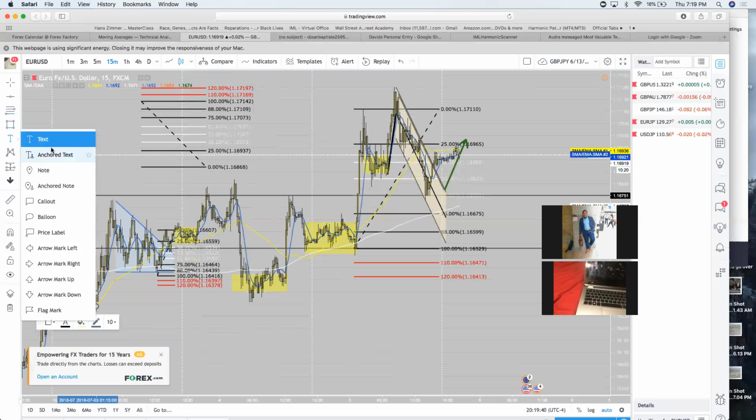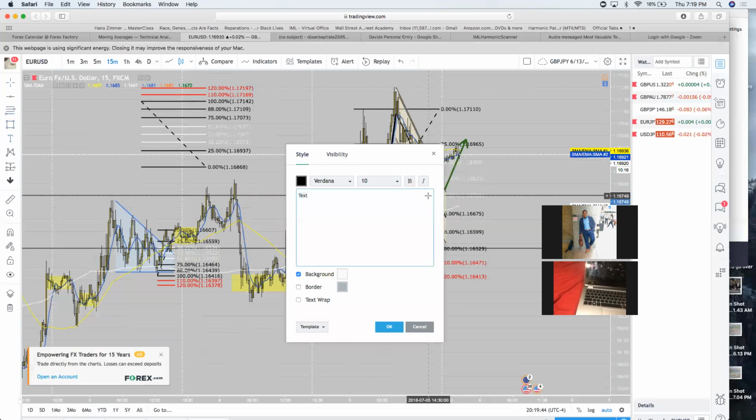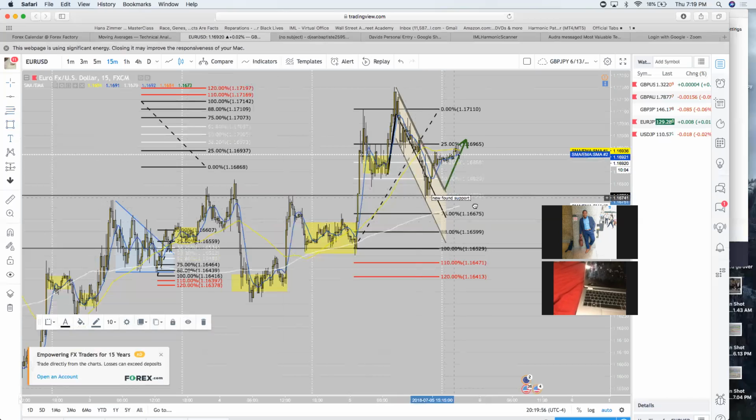You don't have to use this, but I personally use it just to give me a better understanding of my support and my resistance. For example, this is my newfound support. So by just clicking on text, I have the newfound support over here. So whenever the market comes back to this, I know that this is a new support.